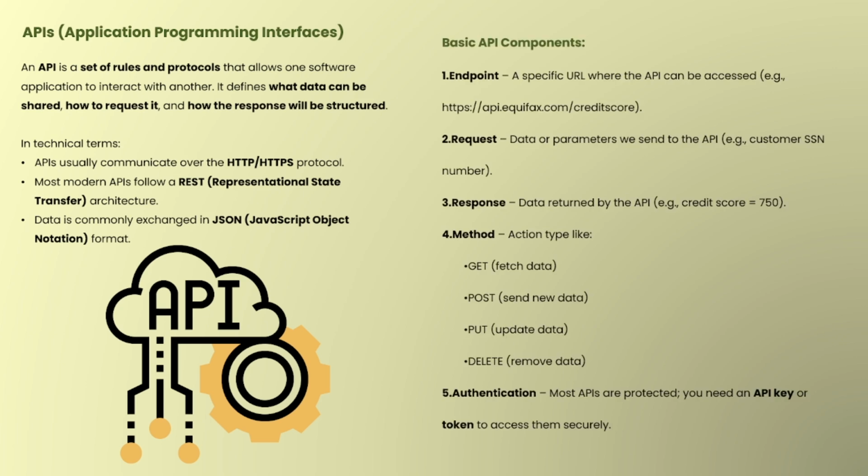So what are the basic API components? These are something we will use frequently when we work on requirement gathering for any system interaction, system integration or system interface, and especially when it comes to APIs. So endpoint is a specific URL where the API can be accessed.